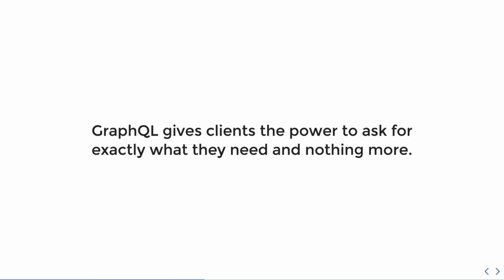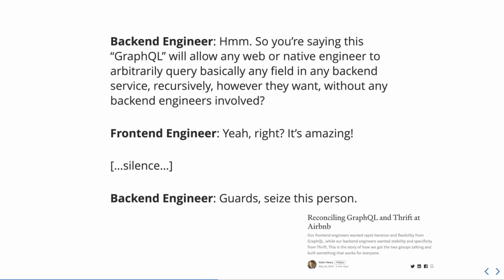So what I've told you so far is that GraphQL basically gives the consumers or the clients of the API the power to exactly ask for what they need and nothing more. And this sometimes scares backend developers.